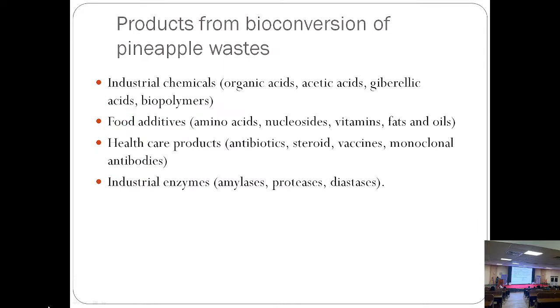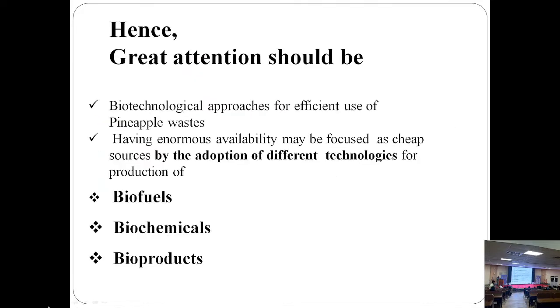We can go for the fuel part, food additives, industrial products, healthcare products, and all sorts of compounds from this pineapple waste.